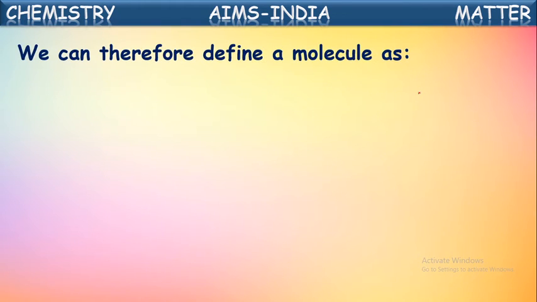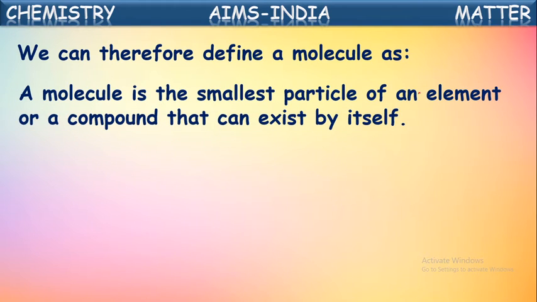Next, we can therefore define a molecule as the smallest particle of an element or a compound that can exist by itself. Okay, a molecule is the smallest particle of an element or a compound that can exist by itself or independently. That is called a molecule. But we cannot say this for atoms.